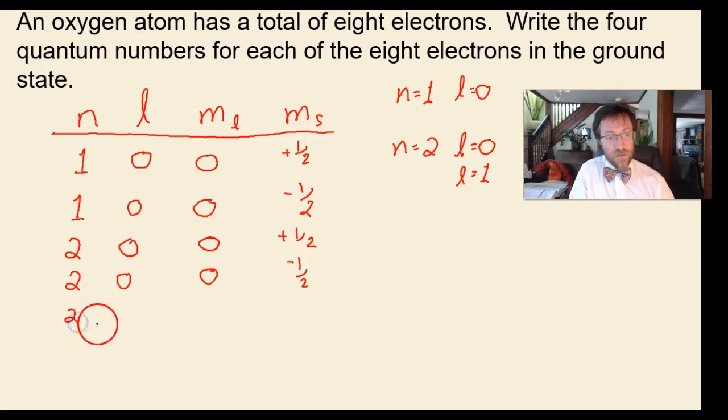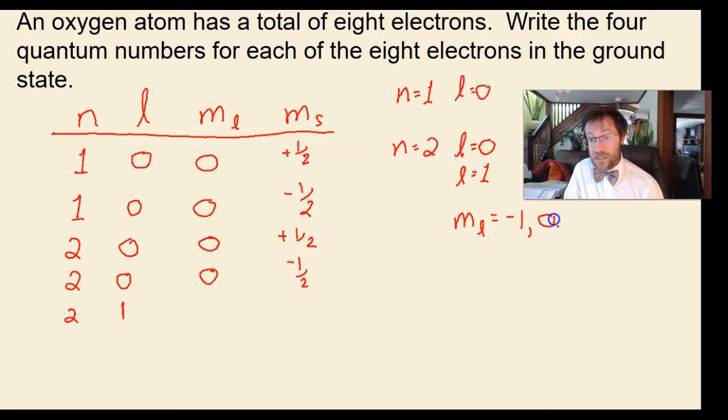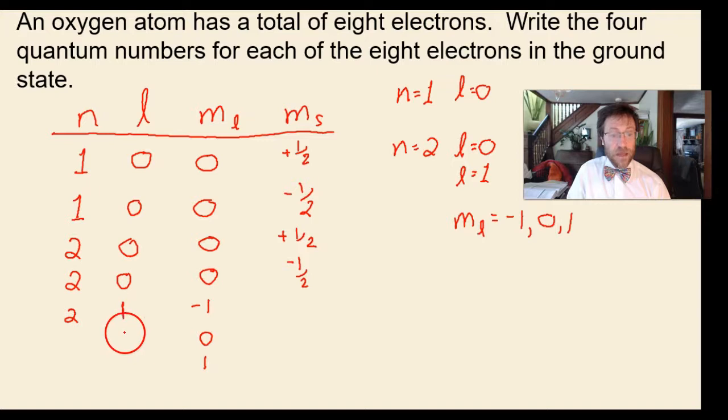So in my energy level 2, I have an L equal to 1. So if that's the case, my m sub L's are equal to negative 1, 0, and 1. So I have negative 1, 0, and 1 if my L is equal to 1.